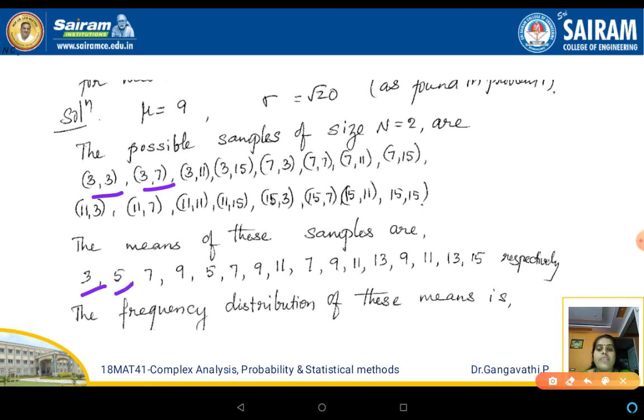Likewise, if you calculate for all the samples, the mean values we get are 3, 5, 7, 9, 5, 7, 9, 11, 7, 9, 11, 13, 9, 11, 13, 15 respectively with respect to the samples which we have listed. Now, according to the frequency, we have to arrange these mean values.